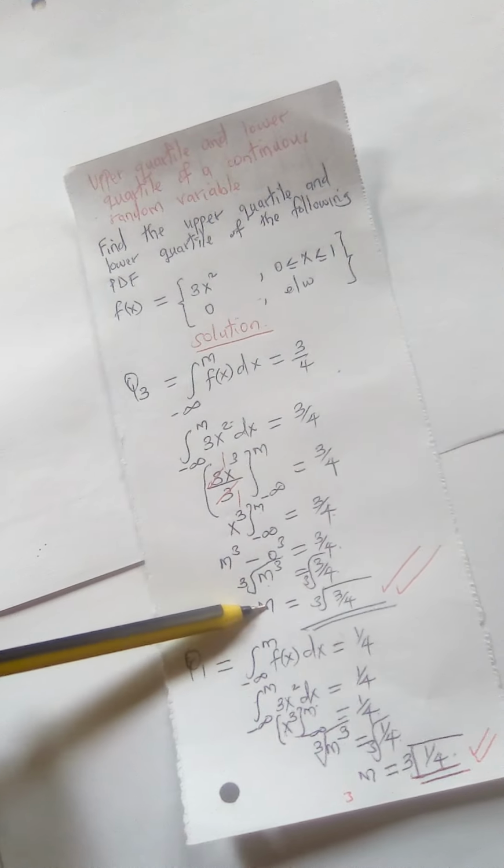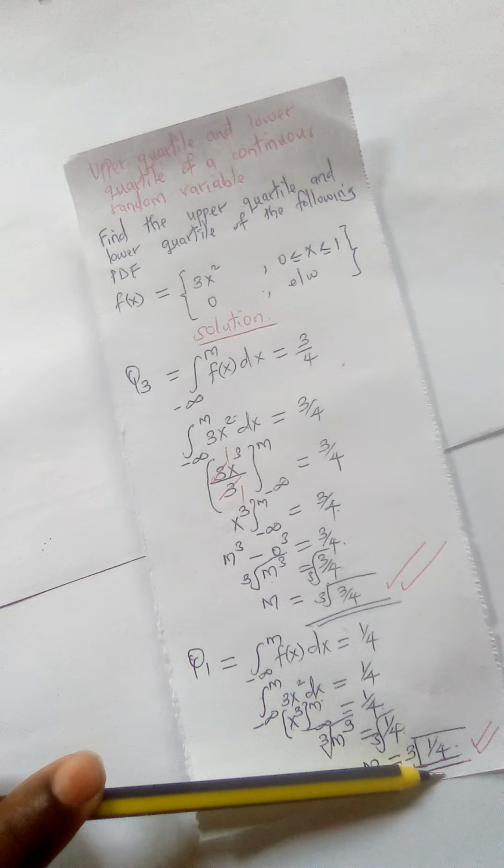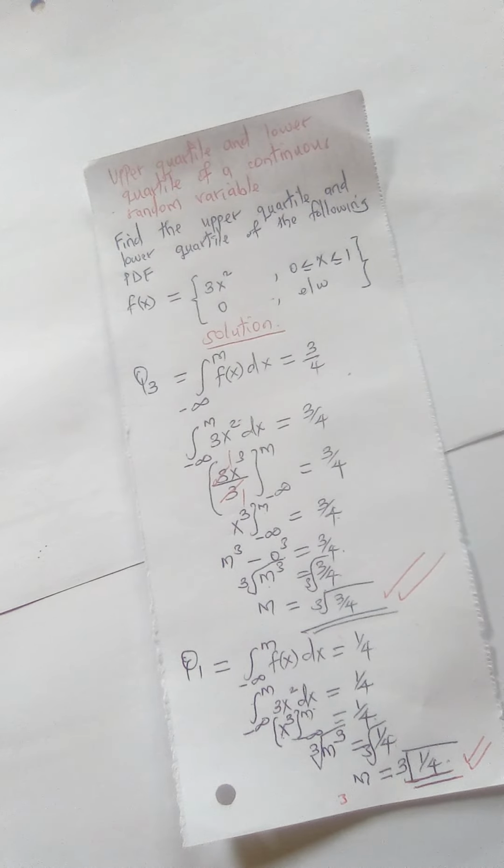Since you've gotten the upper quartile as the cube root of 3 over 4, the lower quartile as the cube root of 1 over 4, as well, you saw previously we got the median as the cube root of a half. You will have just gotten both the upper quartile, the lower quartile, as well as the median of a continuous random variable.